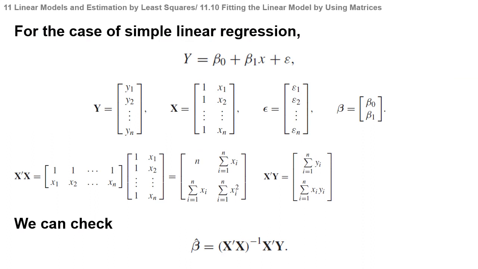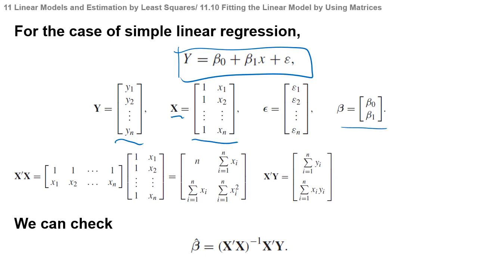Okay, then now let's think about the simple linear regression case, which is this case. In this case, you can specify vector y as this thing and matrix X as this thing. Then you can write X transpose X this way and X transpose y this way.